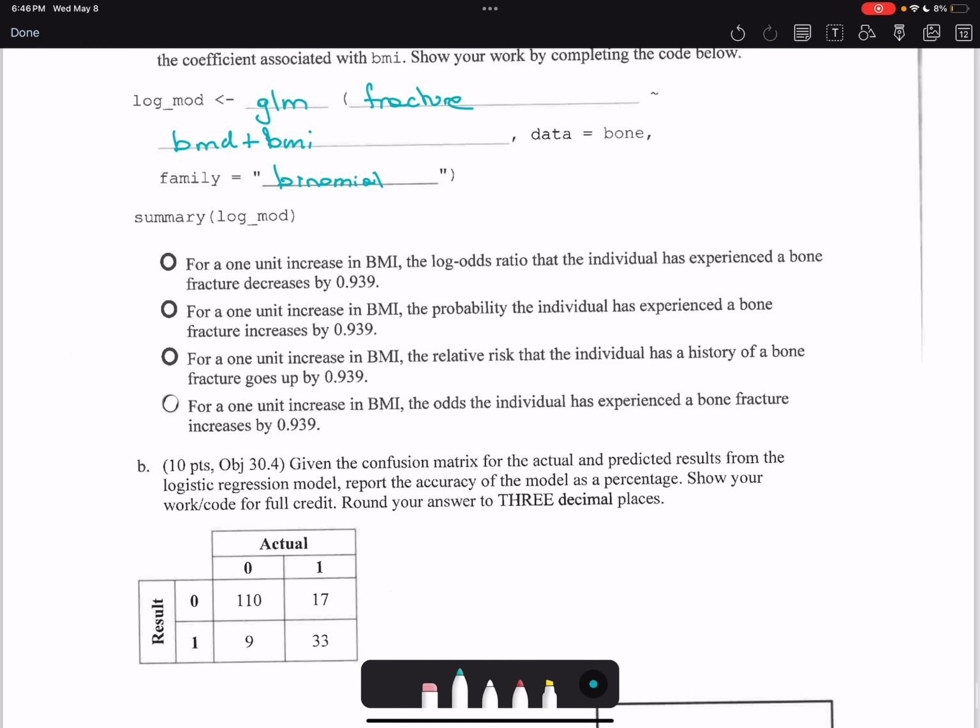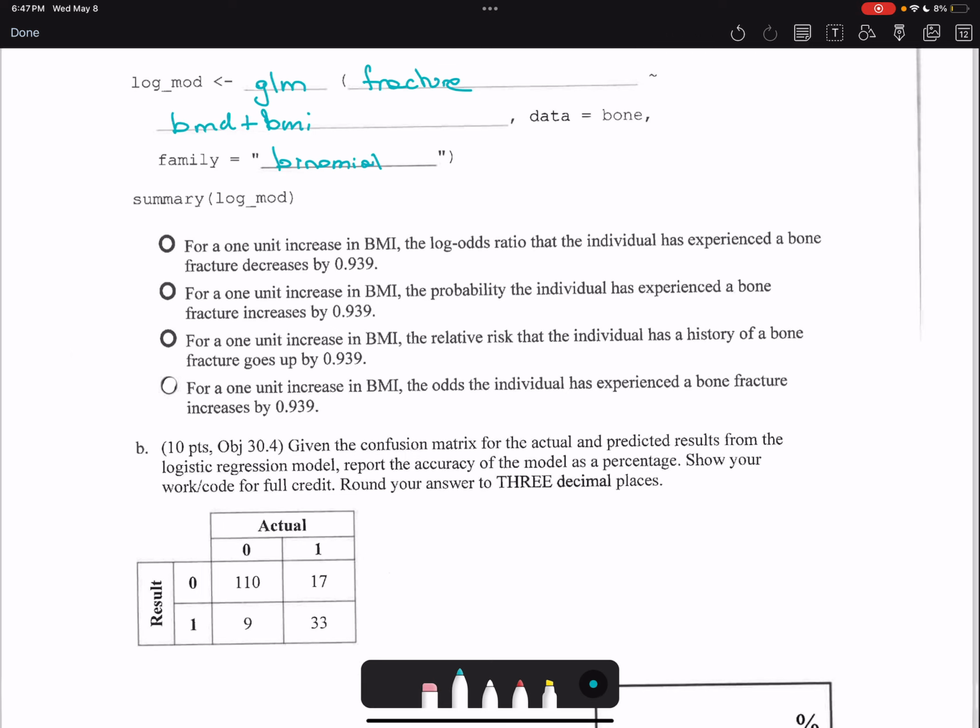For a unit increase in BMI, the log odds ratio that the individual has experienced a bone fracture decreases. Well, I don't have the model in front of me, but in general, we would say for a unit increase in BMI, the log odds ratio, so it wouldn't be the probability.